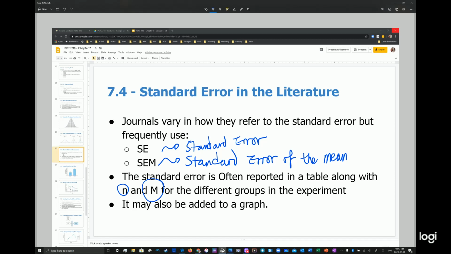So those will be reported when you do a research project. For this class, you would be reporting it when you do hypothesis testing, and you would also report it in other classes if you do surveys or studies with samples where you test your hypothesis using statistical procedures and hypothesis testing. You would report that as well, including standard error.